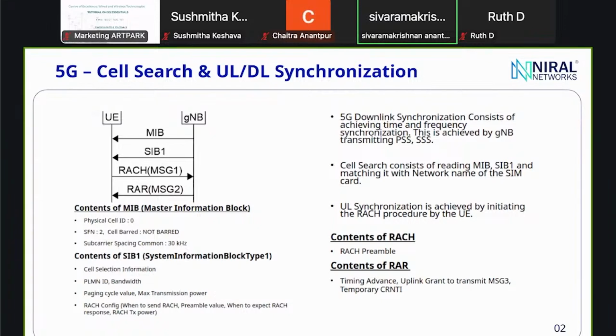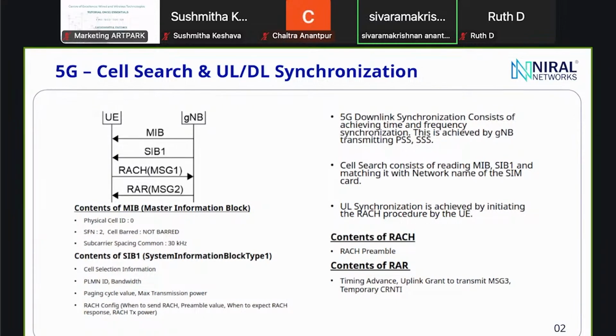So this is the main procedure, in a very brief form, of what happens when a mobile phone, for example, establishes the basic synchronization between the mobile and the RAN, which is very important.